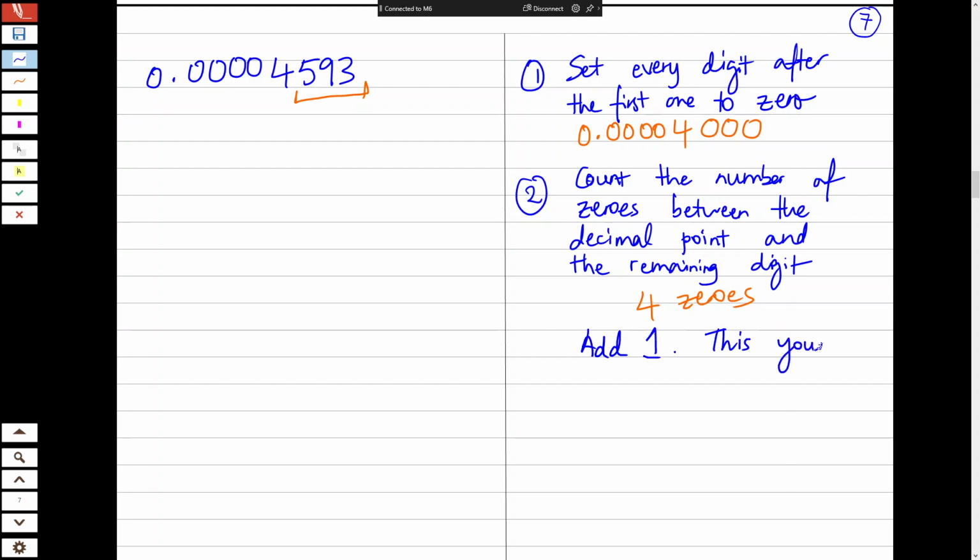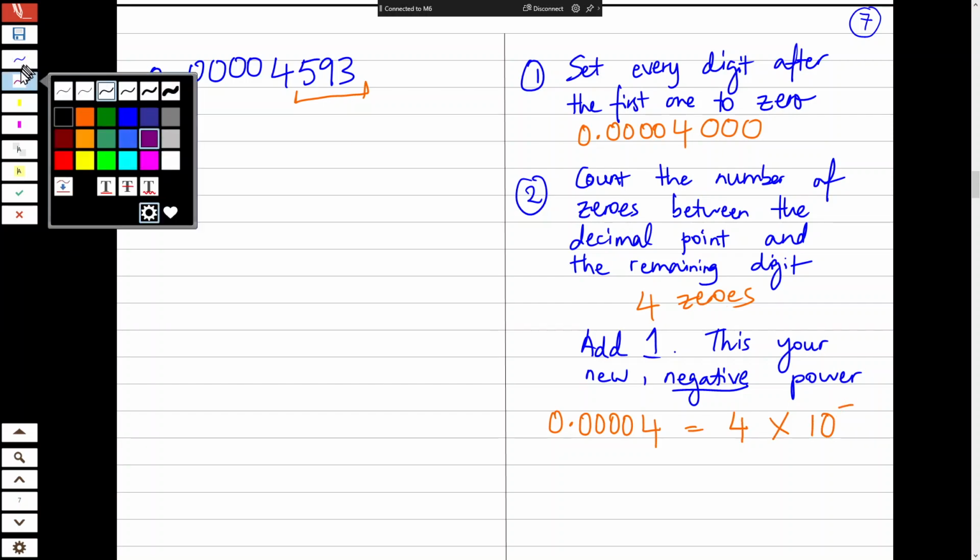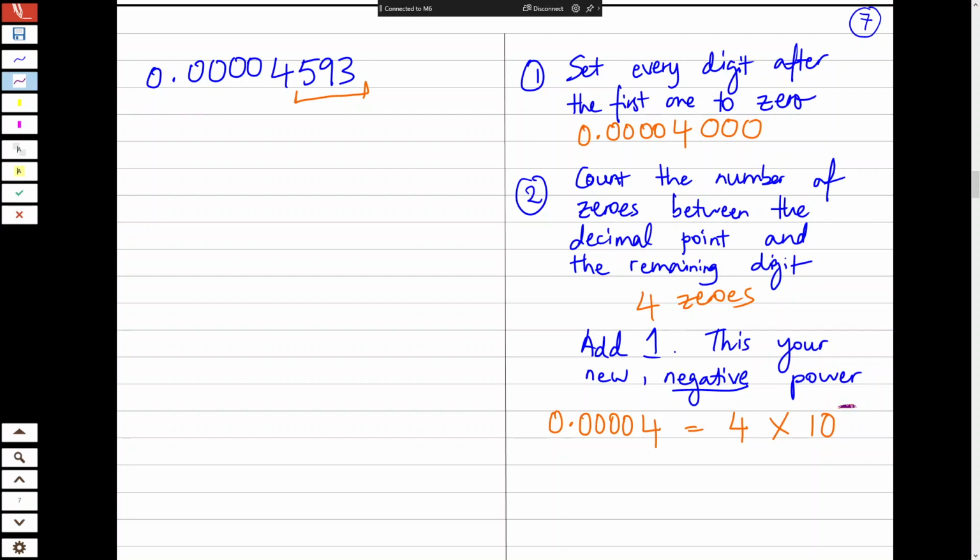This is your new negative power. So what we're saying here is 0.00004 equals 4 times 10 to the minus, not 4, but 10 to the minus 5. So you add 1, that gives you 5, and then you make it negative. So you get negative 5.